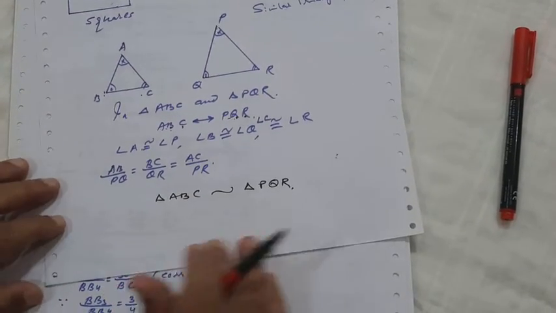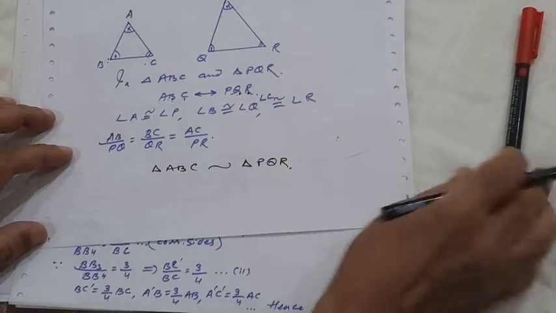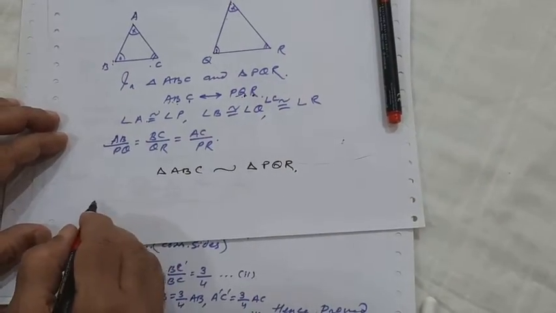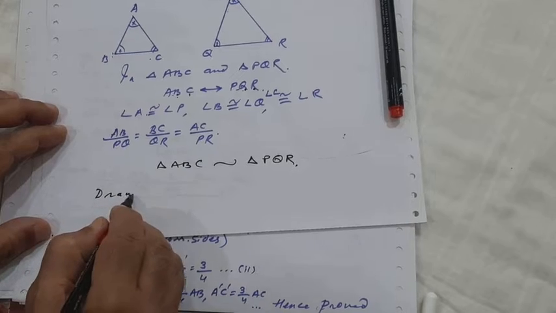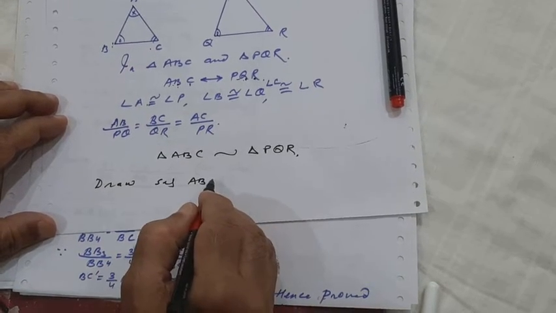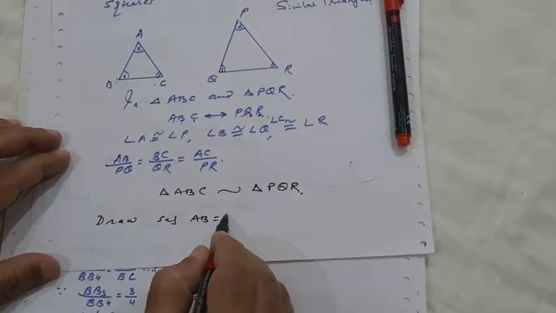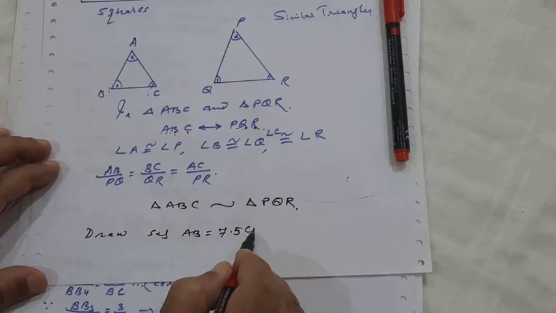So today's homework I am giving you, based on the explanation of the triangle. Draw segment AB equal to 7.5 centimeter.